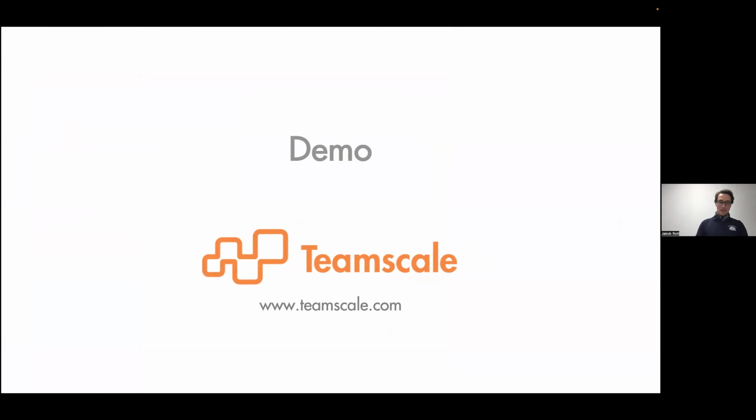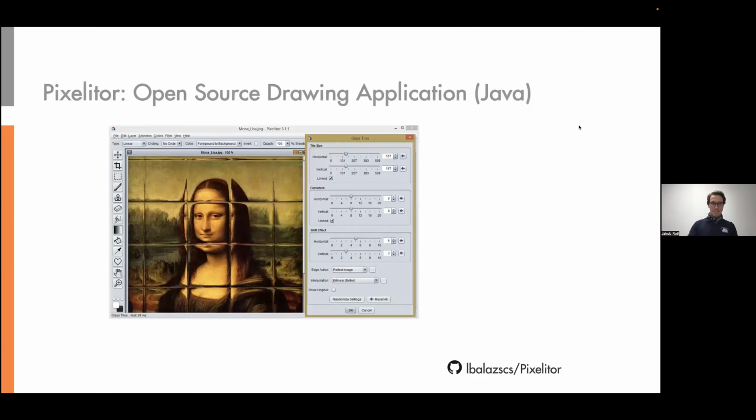So I have the pleasure today to show you most of the things my colleagues already presented on the slides in a live demonstration. And since we are performing test gap analysis, I need some system under test. And for today, I brought Pixelitor, which is an open source drawing application implemented in Java.